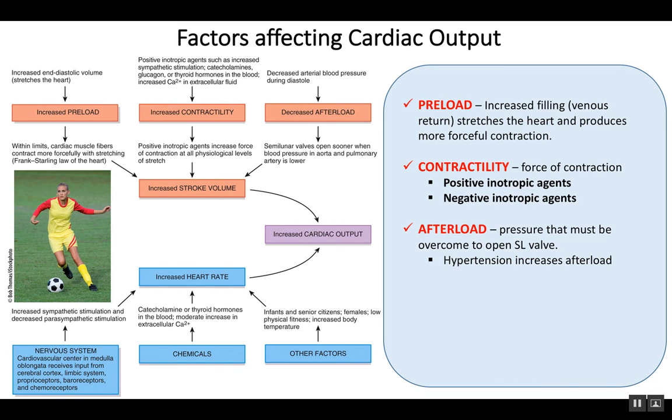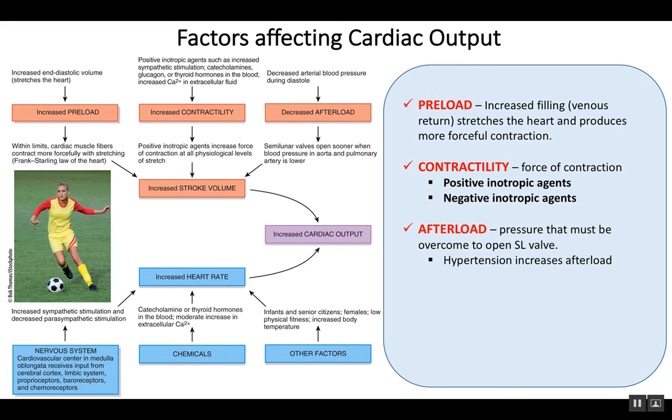If someone has hypertension, high blood pressure, that's going to increase the afterload that the heart is working against, and therefore that can lower the stroke volume. So in order to compensate, your heart has to work much, much harder to overcome that high pressure in order to pump blood. So those are all on the volume side of things.